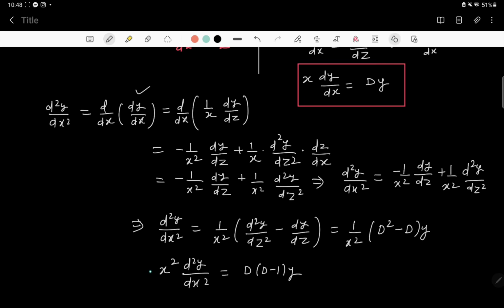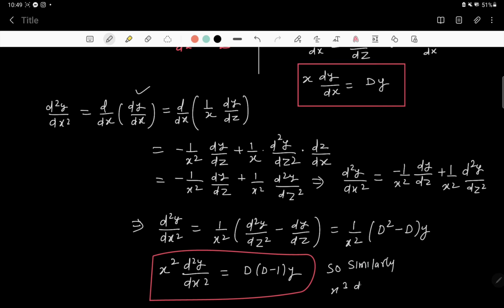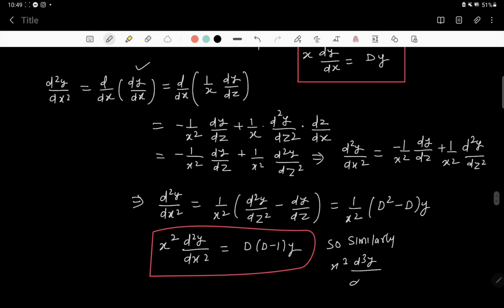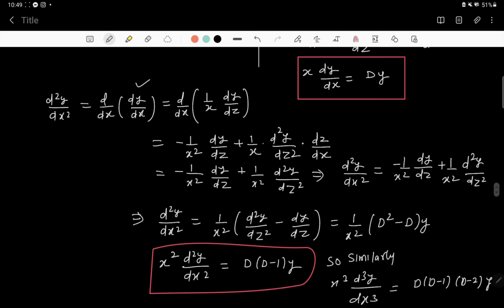You have to remember that whenever you are given x^2 d2y/dx^2, you just need to write D(D minus 1) y. Similarly, you can get x^3 d3y/dx^3 as D(D minus 1)(D minus 2) y. So it is the basic procedure.